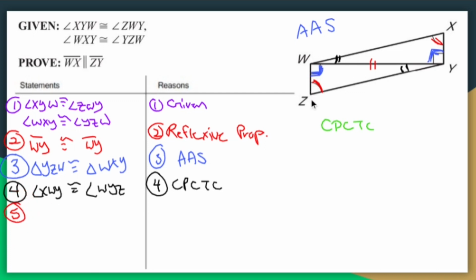Angle ZWY plus angle YWX equals angle XYW plus angle ZYW.